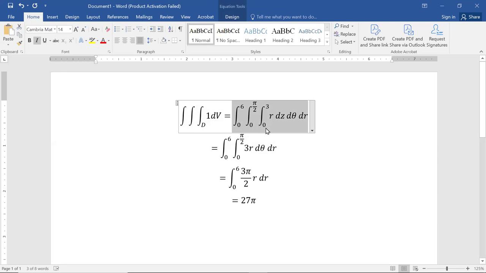And the object described by these bounds has z going from 0 to 3, theta going from 0 to pi over 2, and r going from 0 to 6. So what that is, think of the theta first. The theta going from 0 to pi over 2 gives you a quarter in the first quadrant. r going from 0 to 6 is giving you a circle of radius 6.